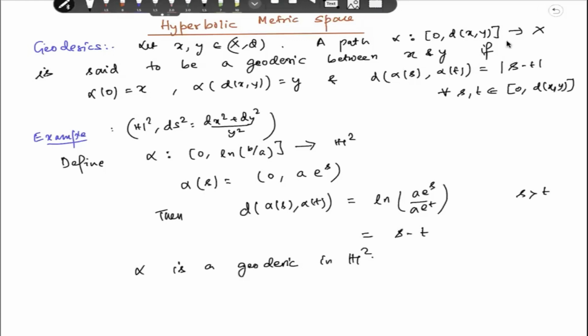Another example: if I take Euclidean space and take any straight line, that will again be a geodesic. In order to get this definition, you just have to take the arc length reparameterization.